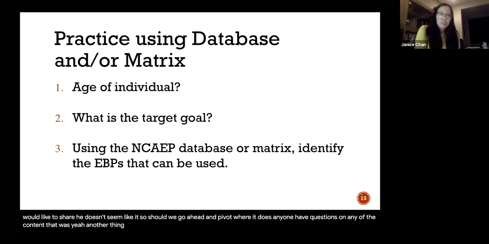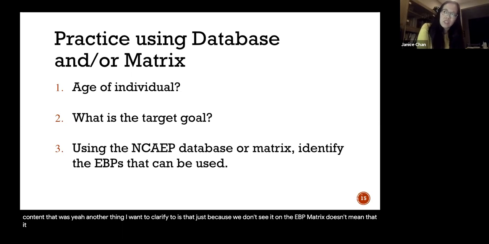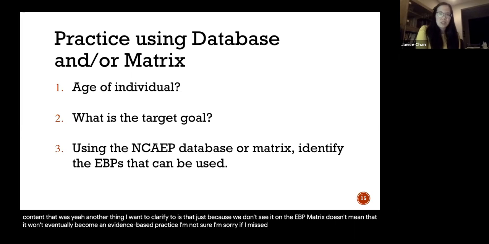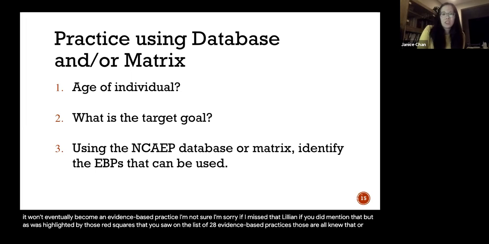Another thing I want to clarify too is that just because we don't see it on the EBP matrix doesn't mean that it won't eventually become an evidence-based practice. As was highlighted by those red squares that you saw on the list of 28 evidence-based practices, those were all new, identified in the last year.